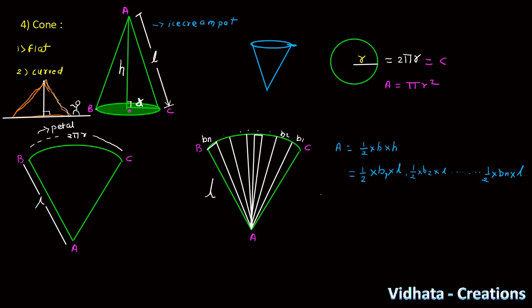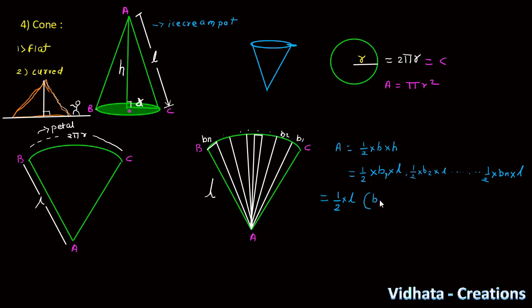Like this I can calculate the total surface area of the petal. 1/2 will be common in all the triangles, and what else is common in all the triangles? L is common in all the triangles. What is left in the bracket?